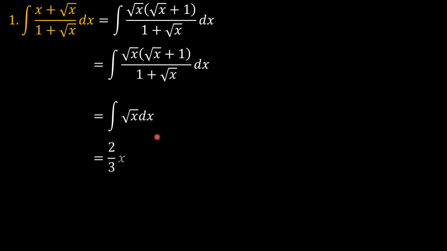And that means that the integral of that problem becomes 2 over 3 x to the power 3 over 2 plus the integration constant. Okay, so that was pretty much it.